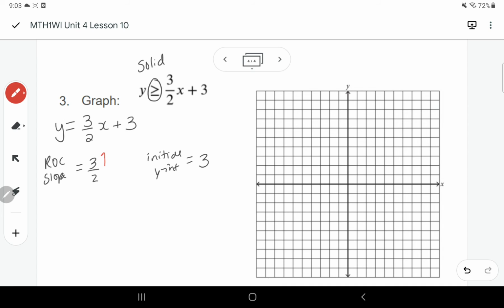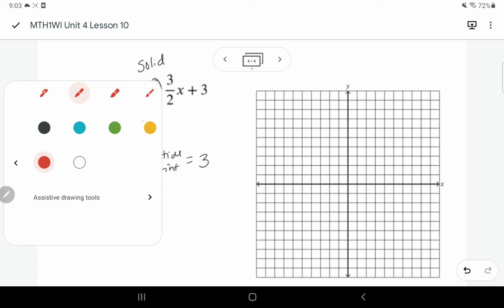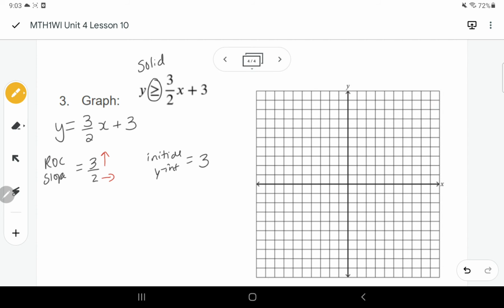Then the ROC means that your rise is 3 and your run is 2. And my initial, or my starting value of 3, I'm going to start on the graph at 3 squares up from the origin. Then I'm going to do a rise of 3 and a run of 2 and put another point. And I'll do that a couple times.